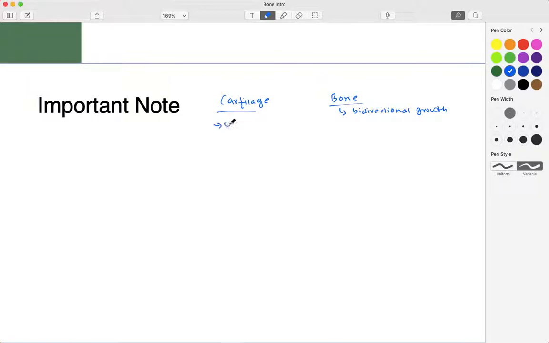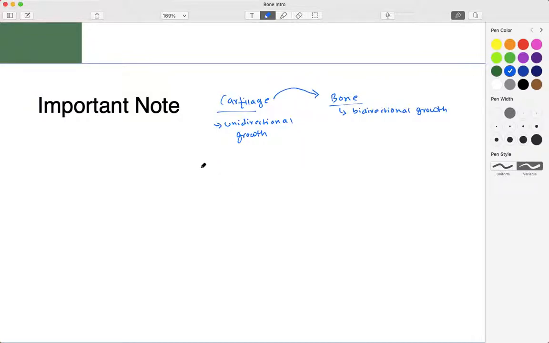Cartilage has only unidirectional growth. This is one of the differences. We'll talk about the differences between cartilage and bones in a future lecture. During development, cartilages basically turn into bones, so they should have a similar structure. We'll talk about that in greater detail in a future lecture.